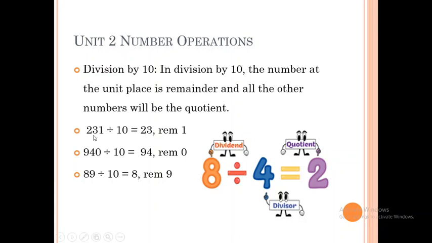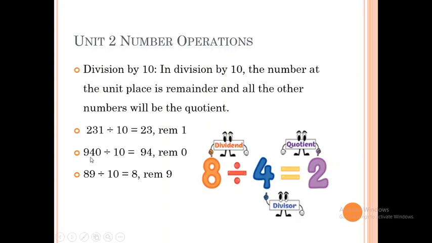Read the number, either 2-digit number or 3-digit number, the number at the right hand side, the extreme right, or at the unit place. This 1 is the remainder and the remaining number is 23. This is the quotient. Same here, 940 divided by 10.